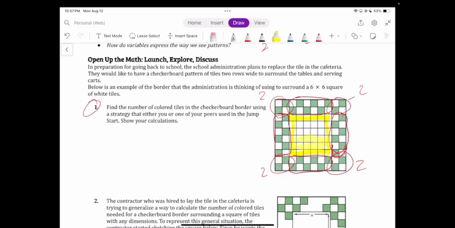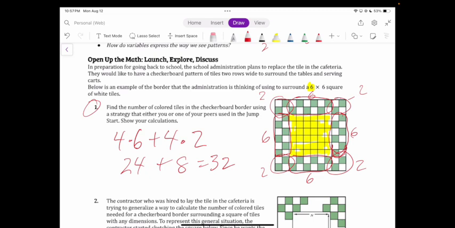And so whatever side length that is, 6, that's how many green squares go on each of those sides. So 4 groups of 6 and 4 groups of 2, making you have 24 and 8 more for a total of 32.